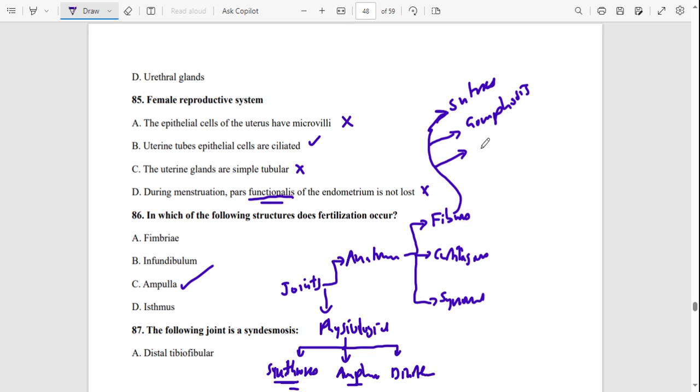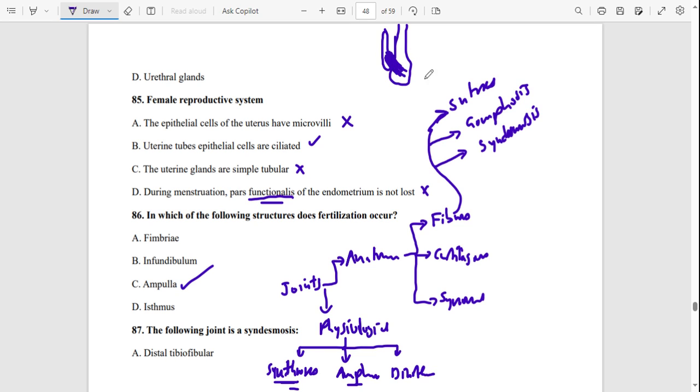And then you also have what is known as a syndesmosis. A syndesmosis is a joint found where you have some kind of tough tissue connecting bones. For example, the tibia and the fibula are connected by a strong tissue here.